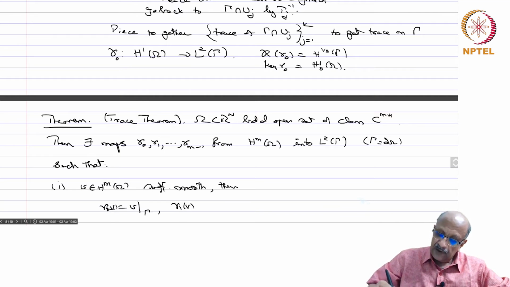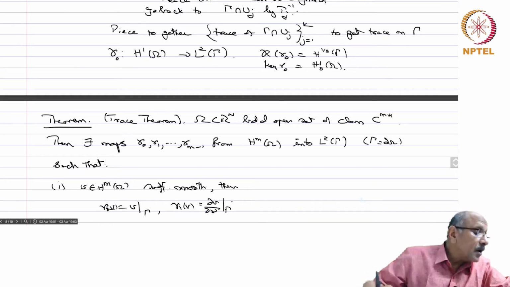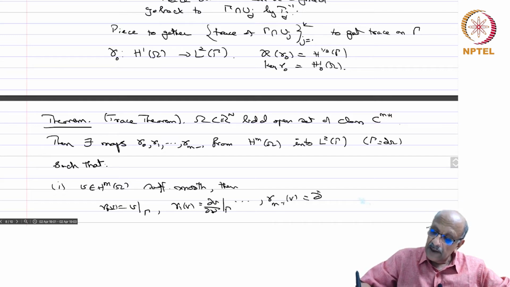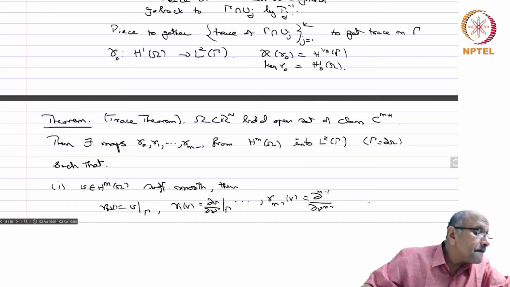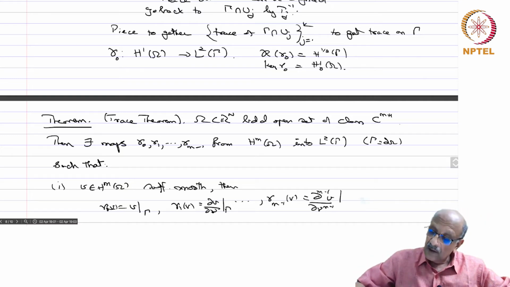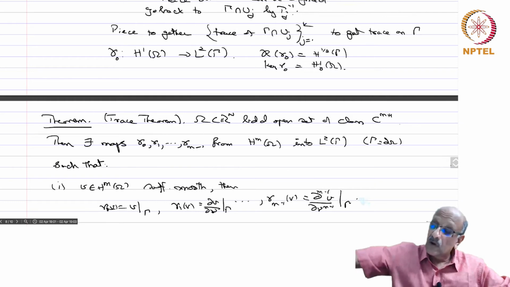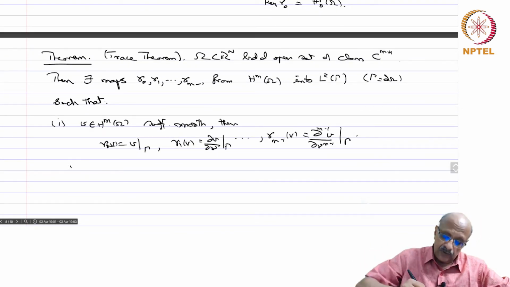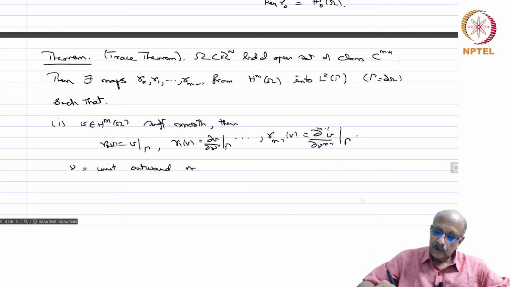Gamma 1 of V is dV by d nu restricted to gamma, and then etc. Gamma m minus 1 V equals d m minus 1 by d nu m minus 1 V restricted to gamma. So these are all the various higher order normal derivatives, where nu is the unit outward normal to gamma.